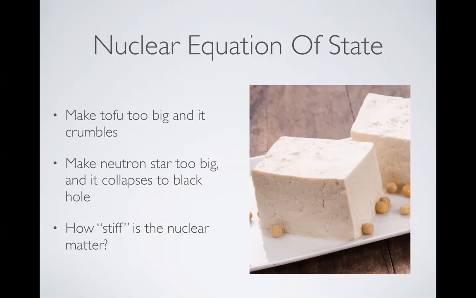This was a talk given by a Japanese nuclear physicist, and he said, if you know about tofu, if you have extra firm tofu, you can make a really big block and it won't crumble. But if you have the softer tofu, you can't make the block as big or it'll start to crumble, right? We want to know the same thing about nuclear matter.